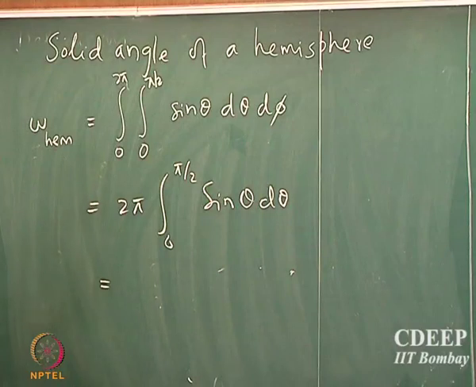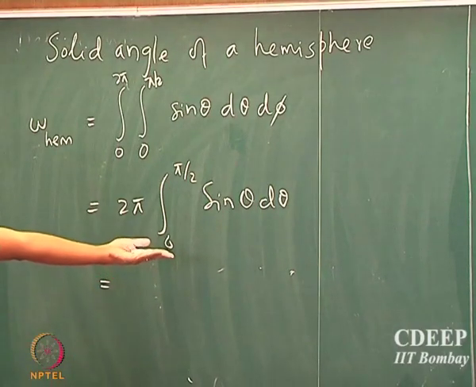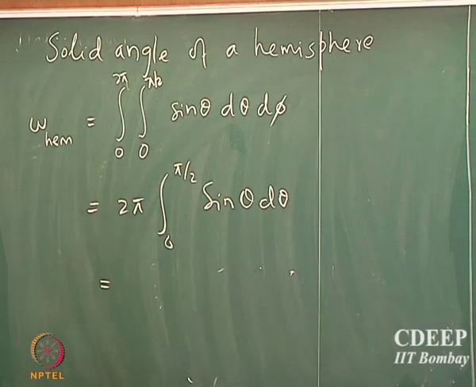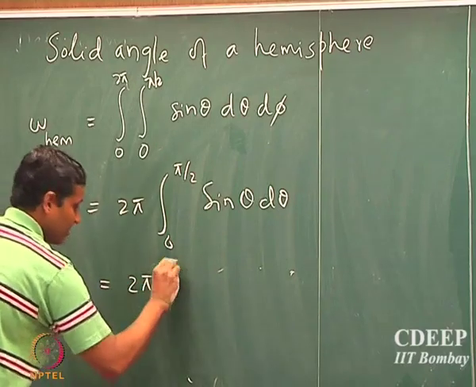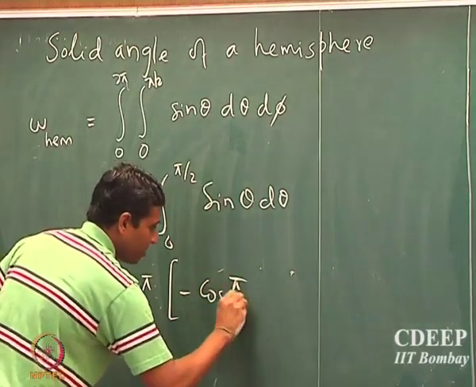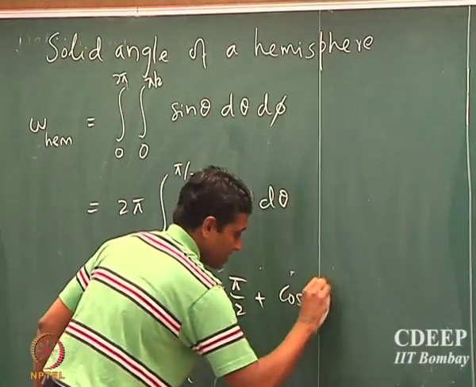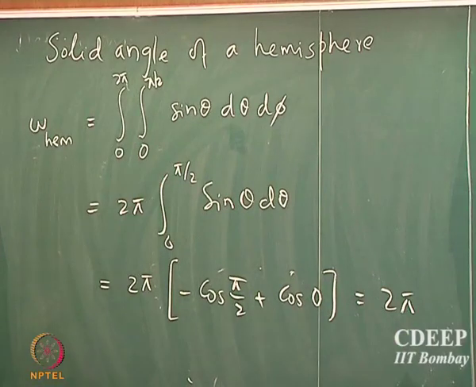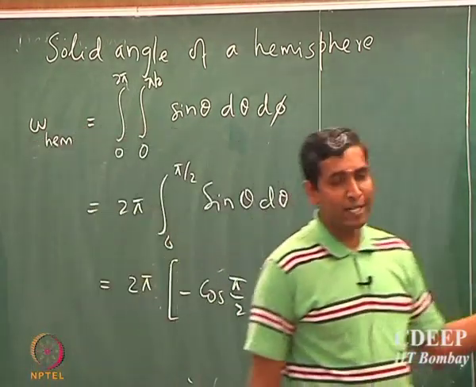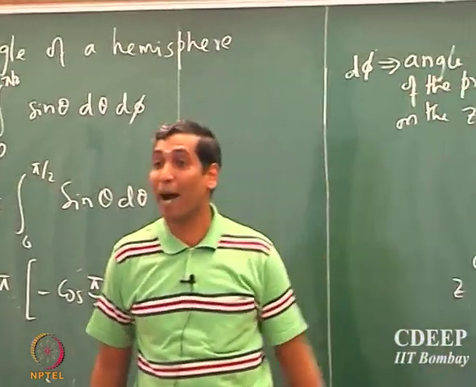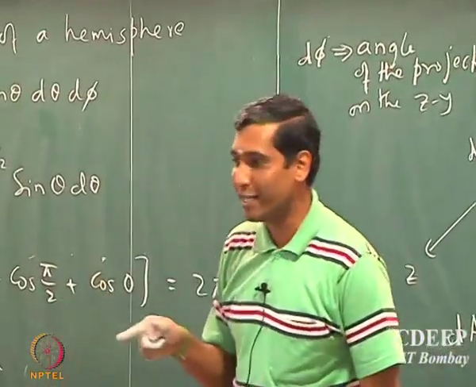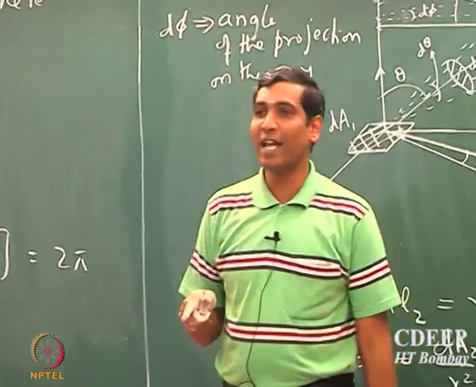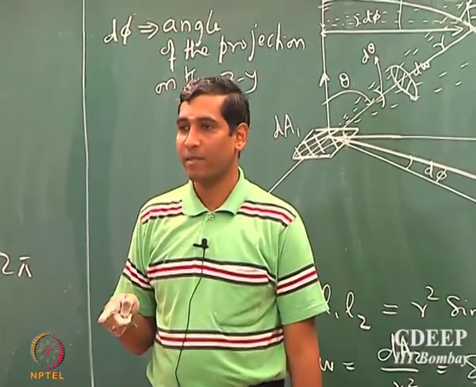What is that? Come on, folks. 1. Not that hard. Minus cos pi by 2 plus cos 0, that's equal to 1, so the result is 2 pi. So the solid angle that is subtended by a hemisphere is 2 pi, not 180. And what will be that for a sphere? It will be 4 pi.